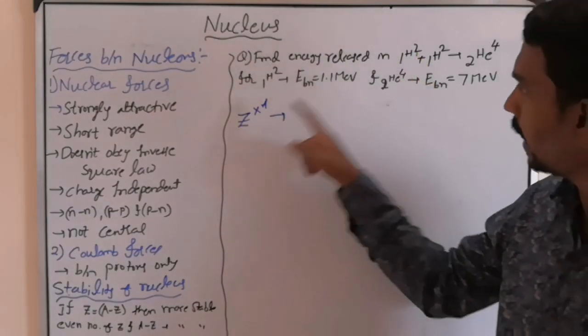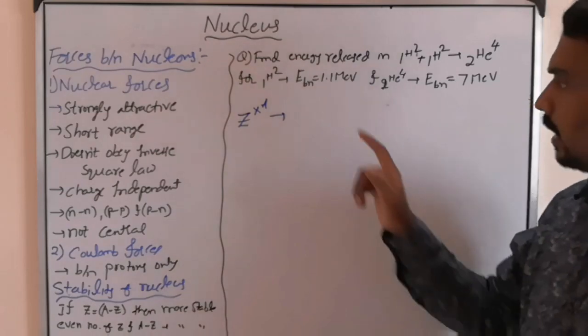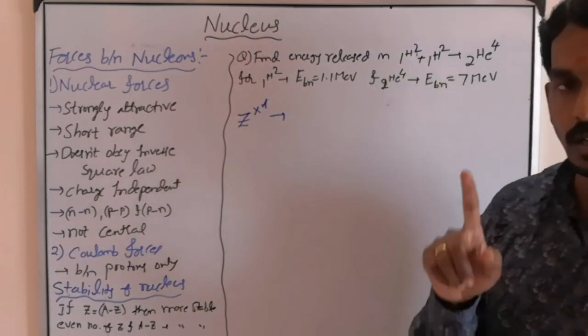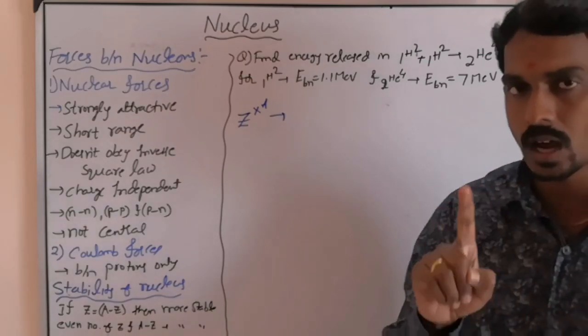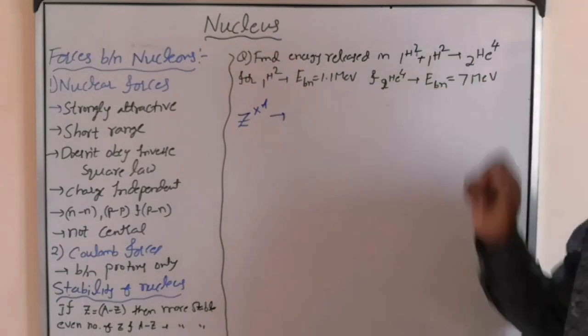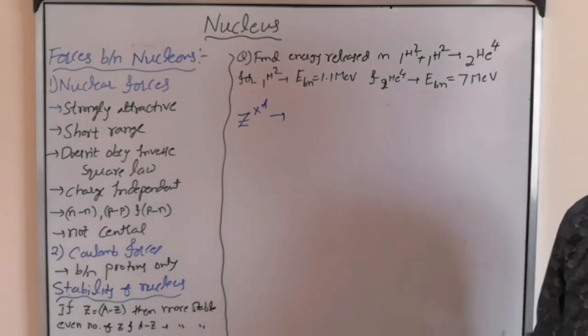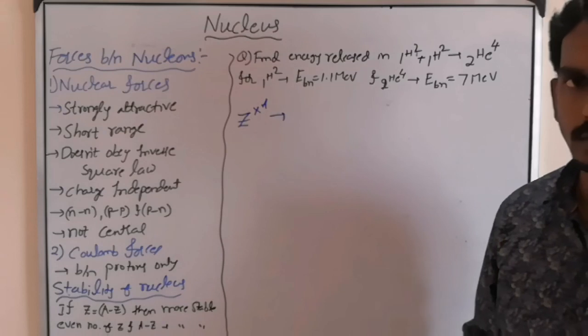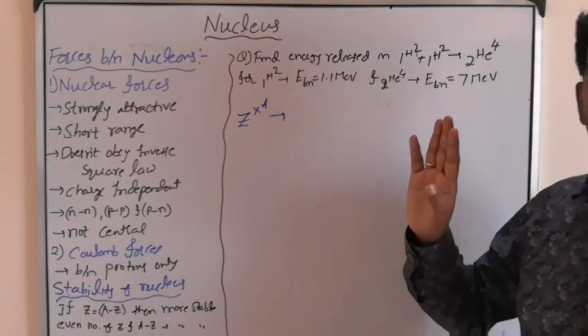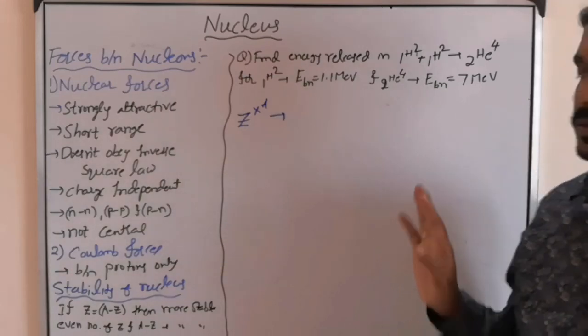1H2 means Z is 1, so 1 proton. A is 2, so A minus Z means 2 minus 1, 1 neutron. So 1 proton, 1 neutron, that you need to understand. Then the other 1H2 is the same thing, 1 proton, 1 neutron.